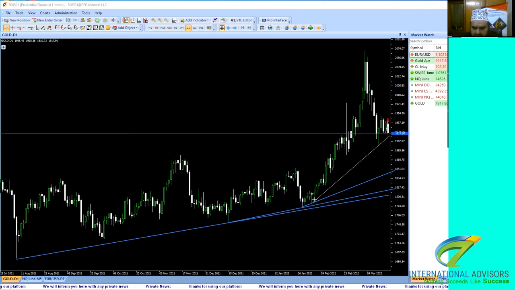Based upon these two bottoms, we drew this line. You can see the market was dropping for 1, 2, 3, 4, 5, 6 days, more than a week, and at this point the market stopped. We did not draw this line based on this point; we drew it based on these two. But here we noticed that exactly on it the market stopped and then started moving up for 2 consecutive days. After 3 days, today the market touched this point again.